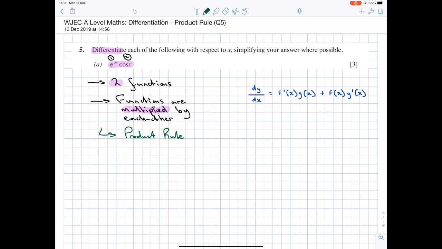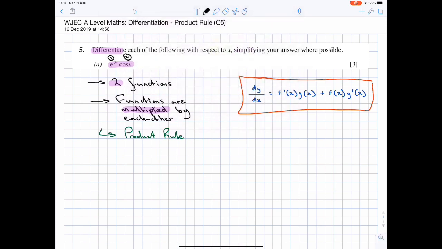And what I've actually done is written the product rule on the right hand side here. So that would be this here. Right, so we've got dy by dx is equal to f prime x gx plus fx g prime x.